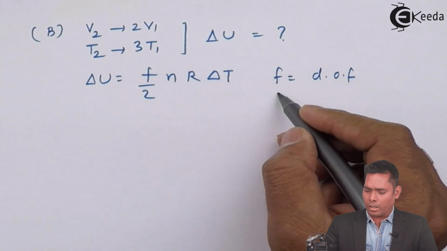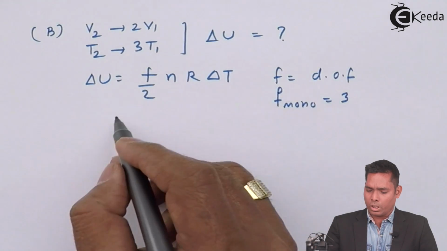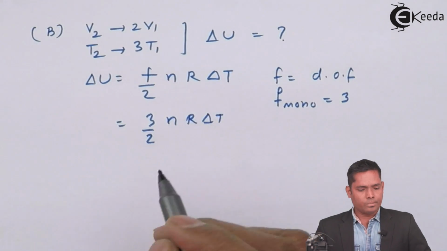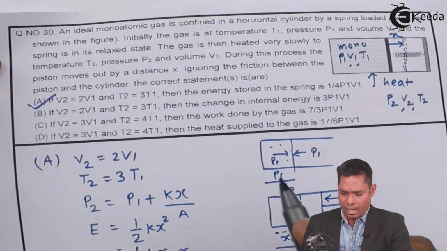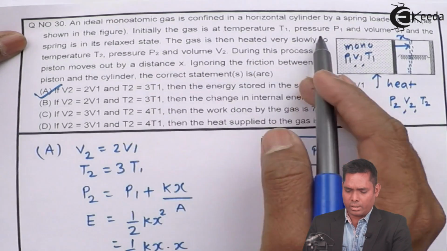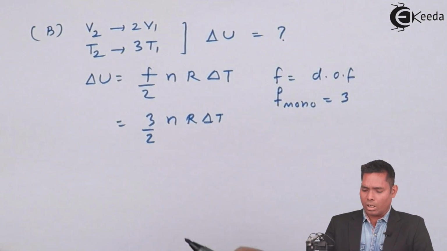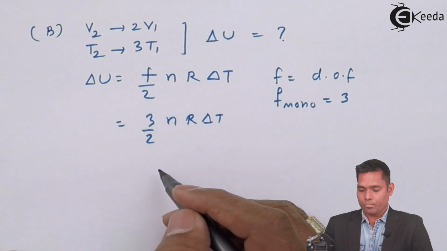Because it is monoatomic, F is 3. So I'll put 3 here, 3 by 2 nR delta T. An ideal monoatomic gas is confined, and nothing is mentioned whether it is 1 mole, 2 mole, whatever it is. The change in internal energy is 3 by 2 nR delta T.